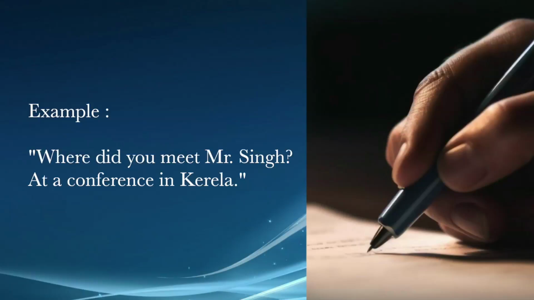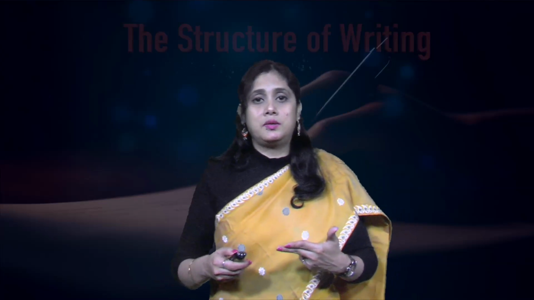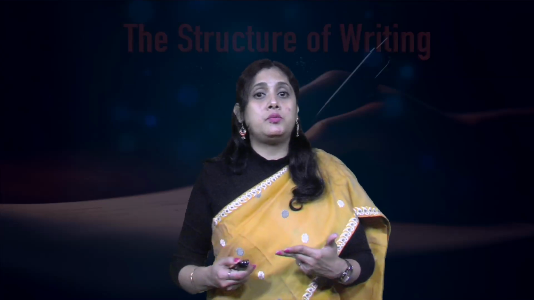We just simply say "at a conference in Kerala." So we omit this repetitive information. When we say "where did you meet Mr. Singh," we don't say the full sentence, like "we met Mr. Singh at a conference" or "I met." We just simply say "at a conference in Kerala."